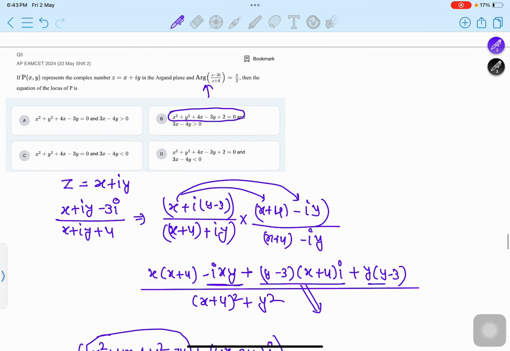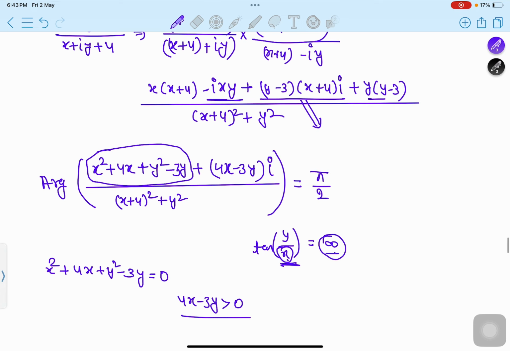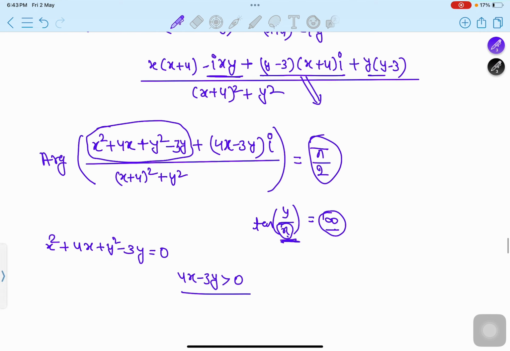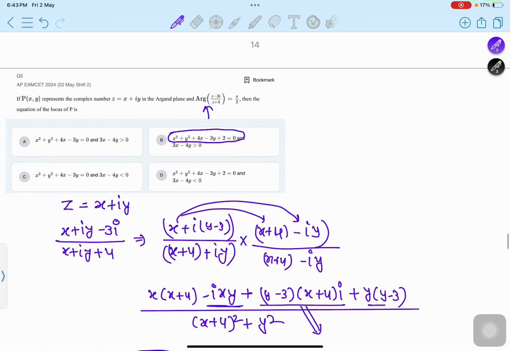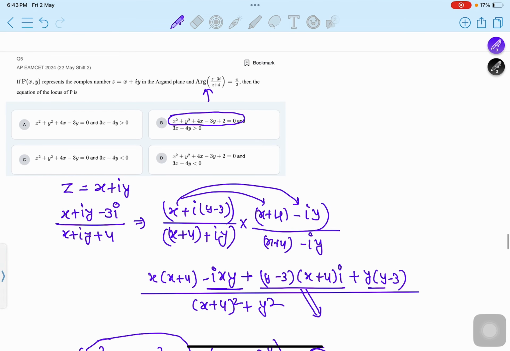Okay, and another condition is 3x minus 4y. So the imaginary part is 4x minus 3y, right? And 4x minus 3y is always greater than 0, because it is in the first quadrant, where both are positive, and pi by 2 is only possible in the first quadrant, so this one is always positive. So 4x minus 3y is greater than 0. But what is given is 3x minus 4y.